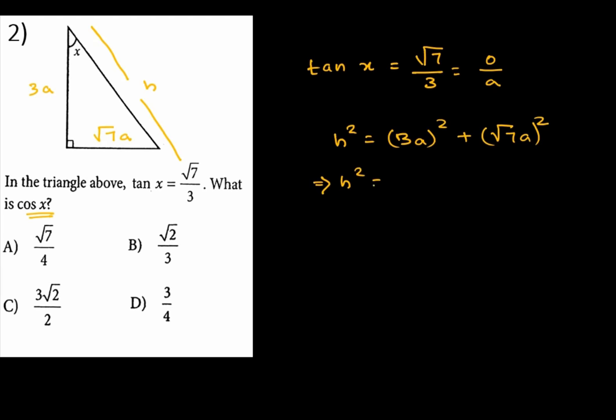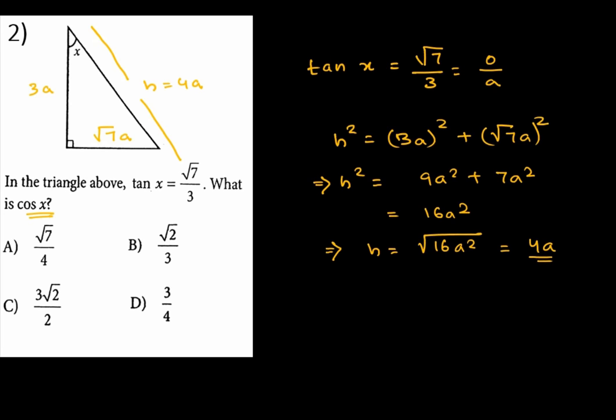So this gives you h square equals 9a square plus 7a square, that is 16a square. Now you get the value of h as square root of 16a square, that results in 4a. Now you get the hypotenuse as 4a here.